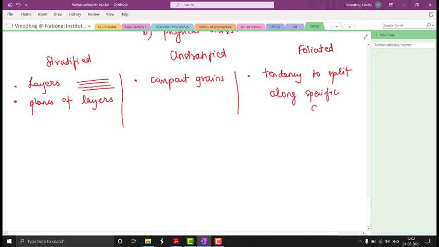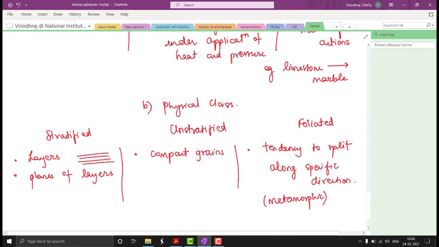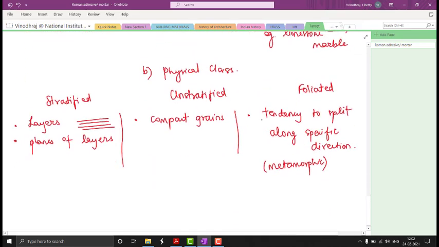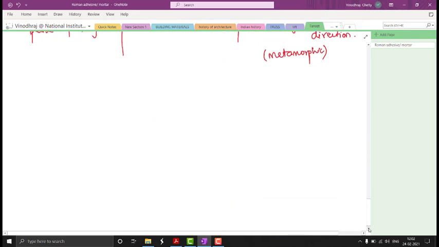So this is stratified, unstratified, and foliated. So most of the foliated rocks are mostly metamorphic ones, right? So this was the physical classification.